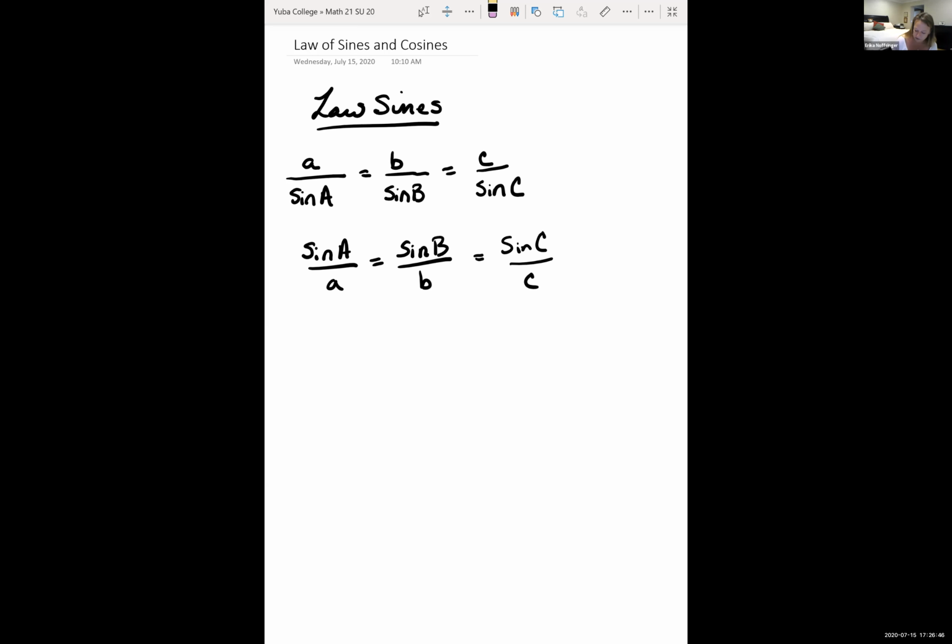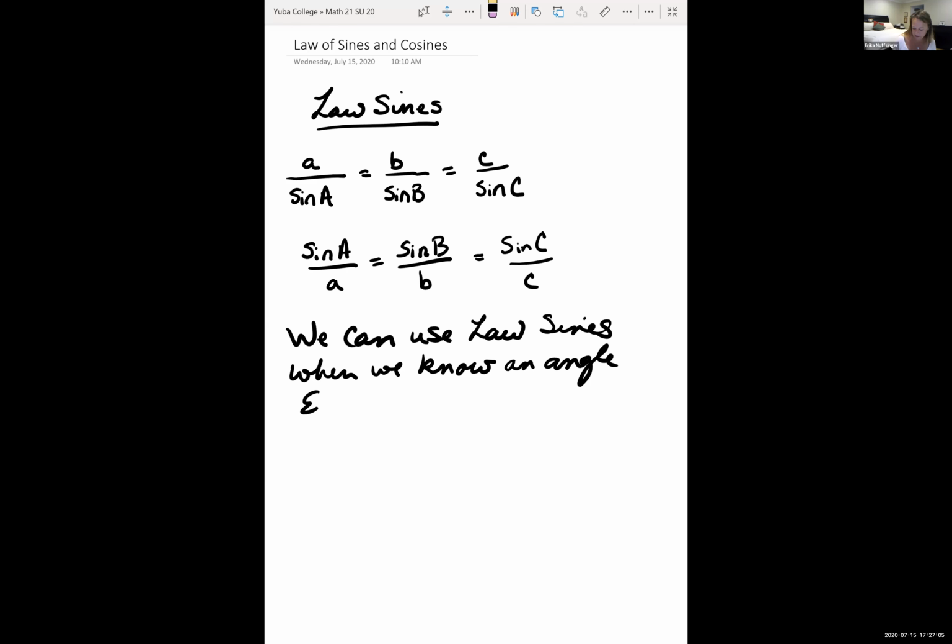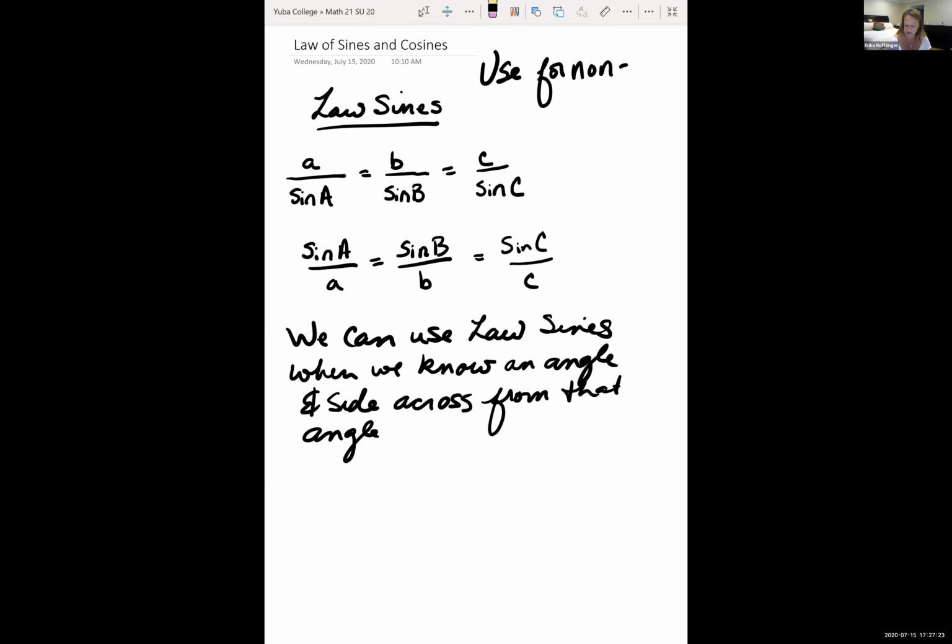So we can use the law of sines when we know an angle and a side across from that angle. And we're going to use this for non-right triangles. If we had a right triangle, then we don't want to do this.